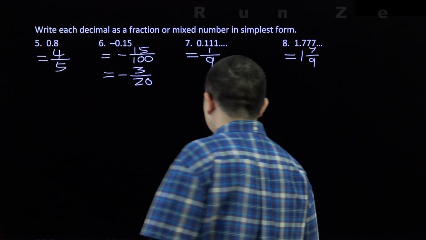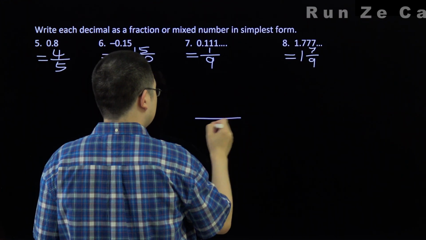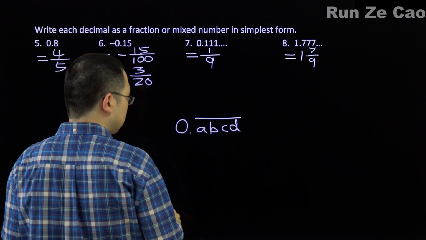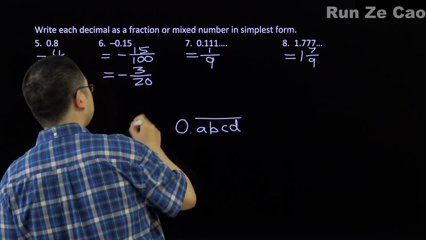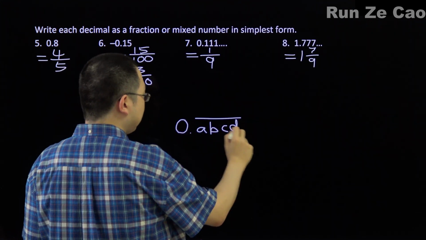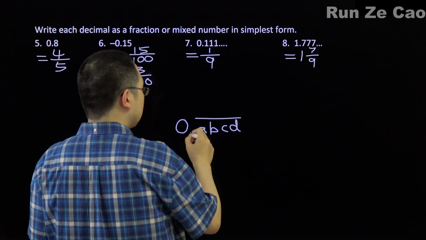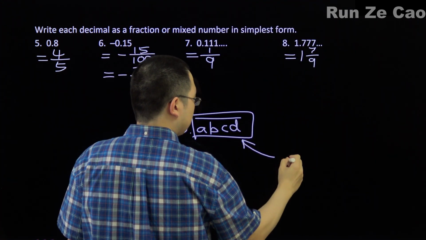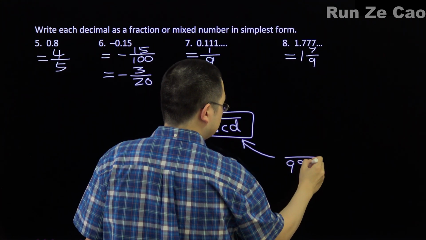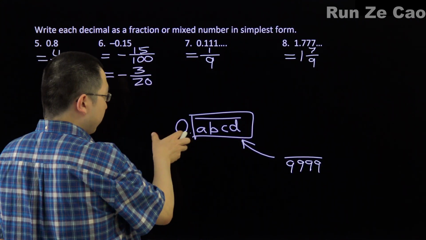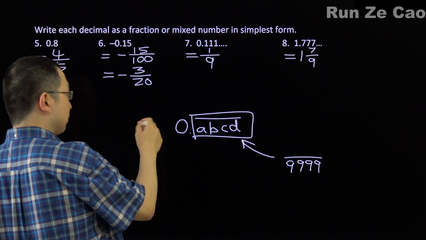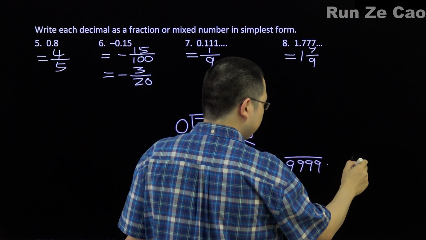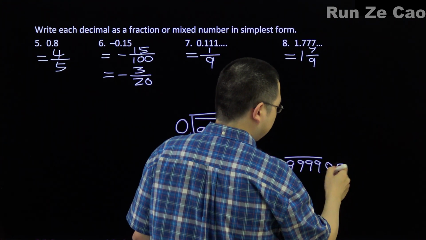If the repeating unit is, say, 4 digits, 0.ABCD, or perhaps 0. something something something, and then ABCD repeating, this part you go with out of 9999, and if you have some more, say, zeros in front, you would just add a few zeros at the end here to space it out as needed.